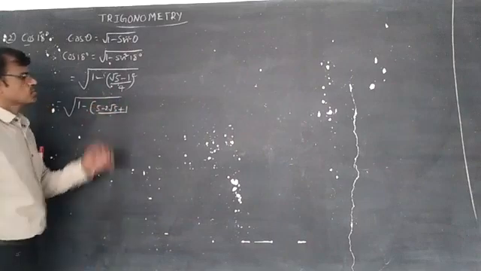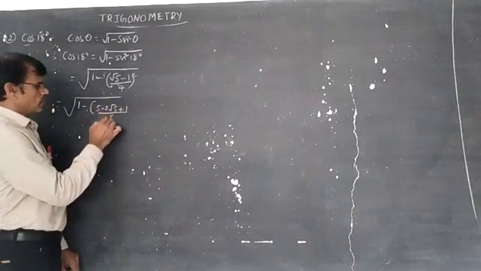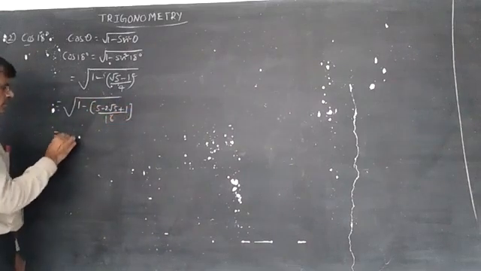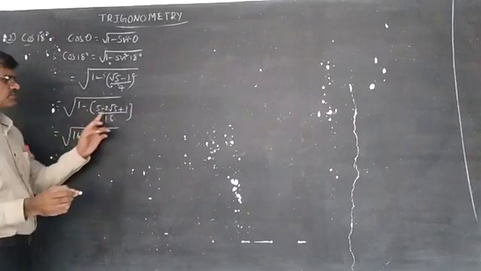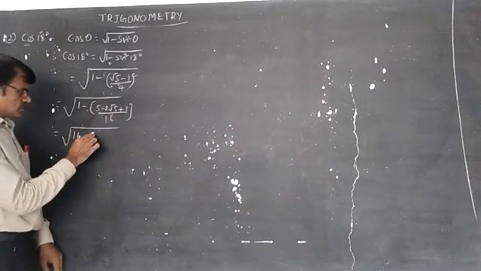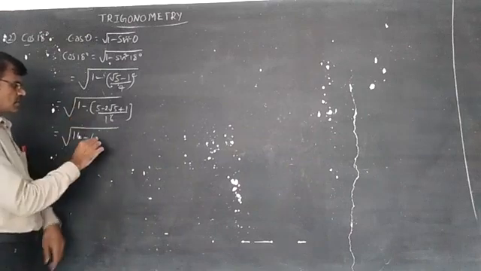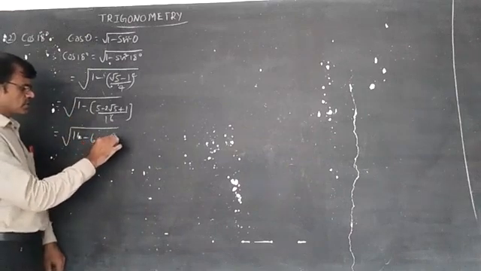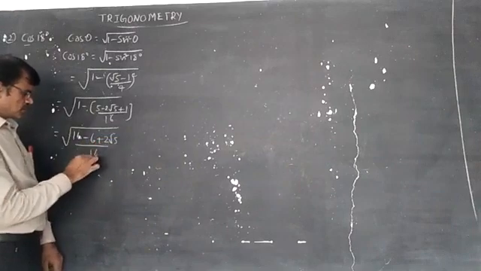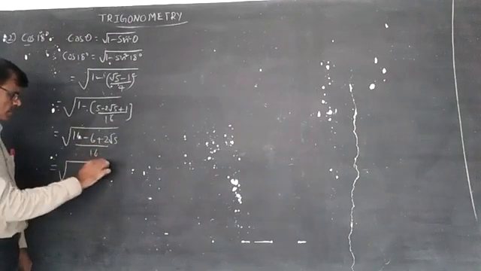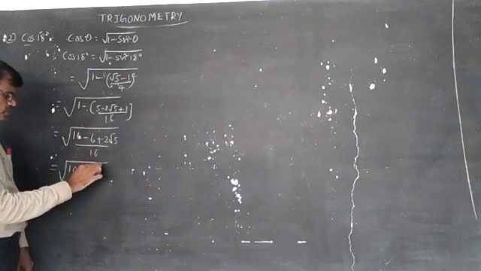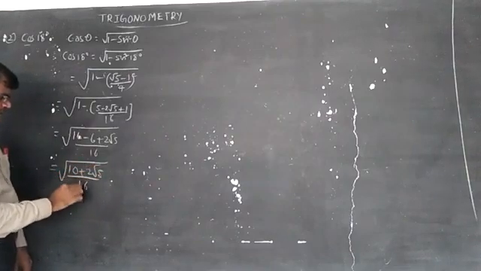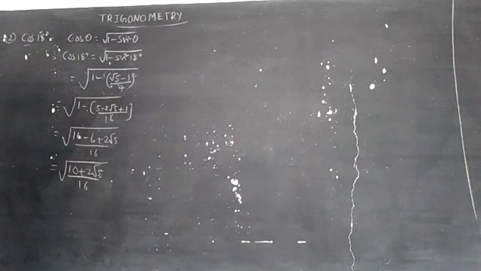So 5 minus 2 root 5 plus 1 whole by 16. Take an LCM. This is 16 minus 6, minus of minus becomes plus 2 root 5 by 16. So that is equal to root of 16 minus 6 becomes 10, 10 plus 2 root 5 whole by 16.